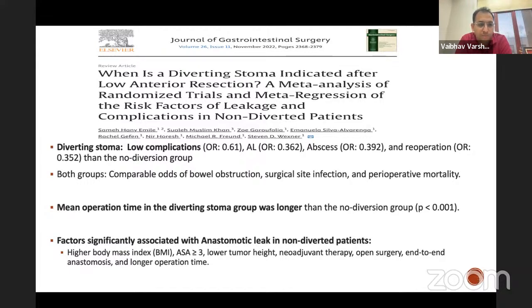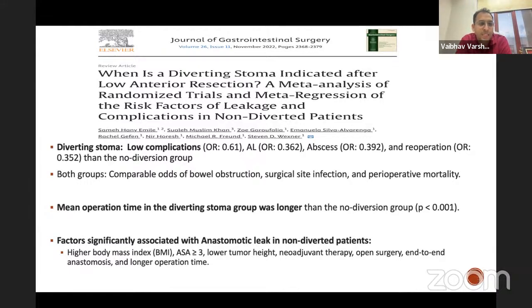But both groups are comparable in terms of bowel obstruction, surgical site infection, and perioperative mortality. The other factor is the mean operation time in the diverting stoma group was longer than the no diversion group, as is obvious, because it takes time to create the stoma.